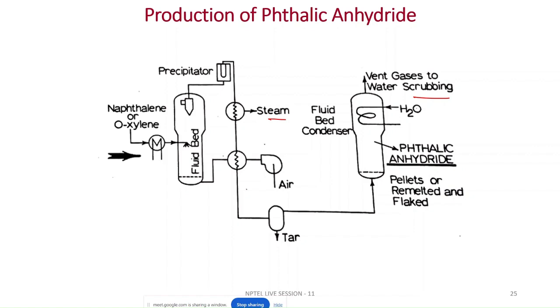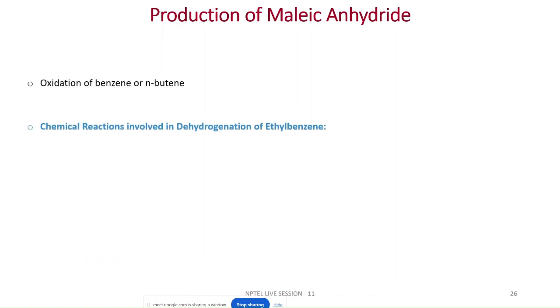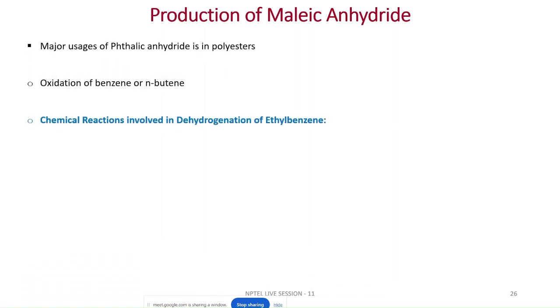The next process is the maleic anhydride process. We already saw that maleic anhydride can be produced as a byproduct from the phthalic anhydride production. The major use of maleic anhydride is in polyesters. Oxidation of benzene and butane is the method of production.